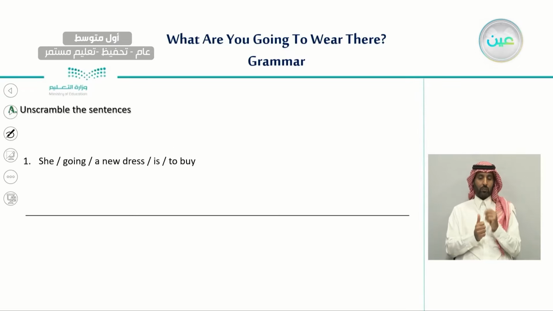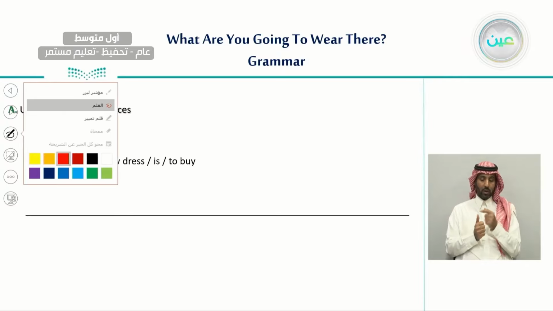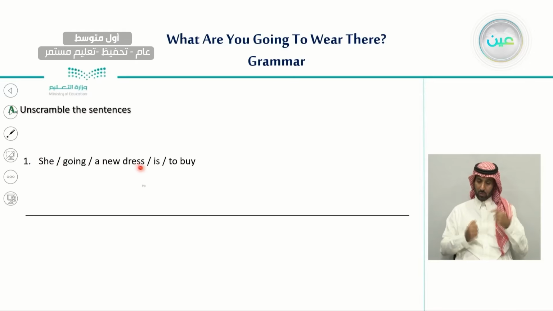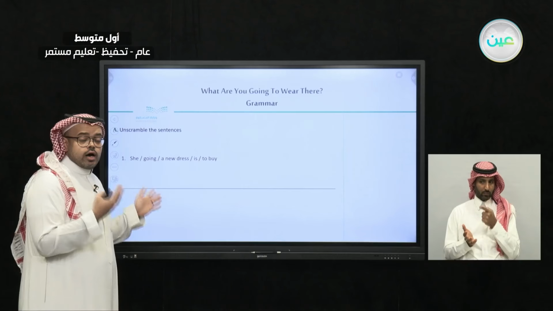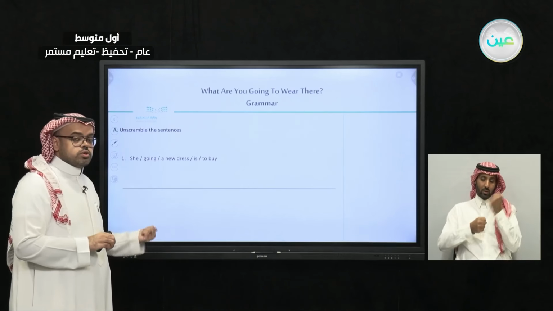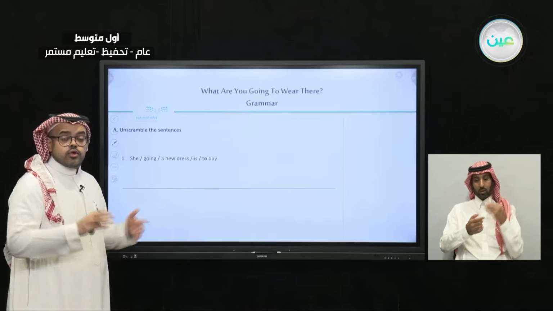Number 1, the words we have are: she, going, a new dress, is, to buy. So how should we start this sentence? What is the first word that we should use? Very good.